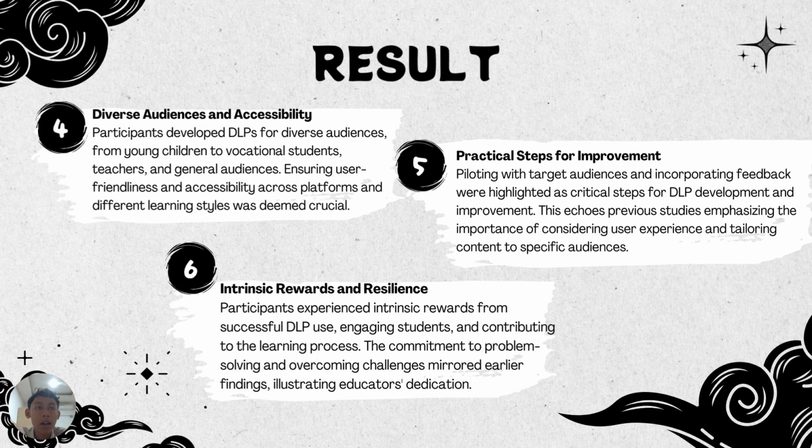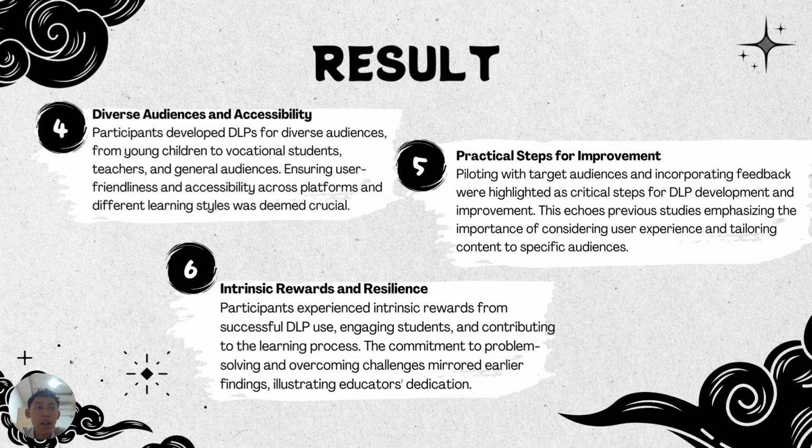And still in the results, they are concerned about diverse audiences and accessibility, because diverse audience and accessibility here means that each group has a different concern about the target audience for the digital learning product.